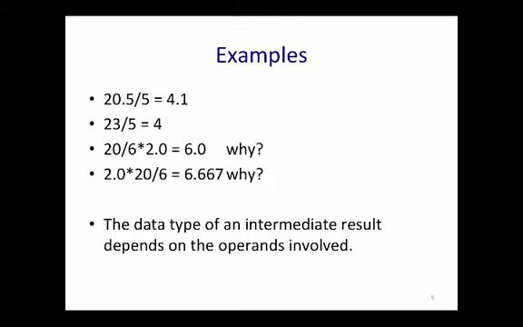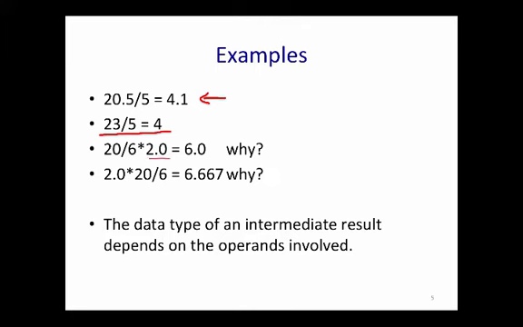Here are some examples that you could work through, but just quickly going through them, here we have mixed arithmetic, a floating point number divided by an integer, so we perform floating point division to get 4.1. In this example, we are doing integer arithmetic because both operands are integers, and therefore the result is 4.